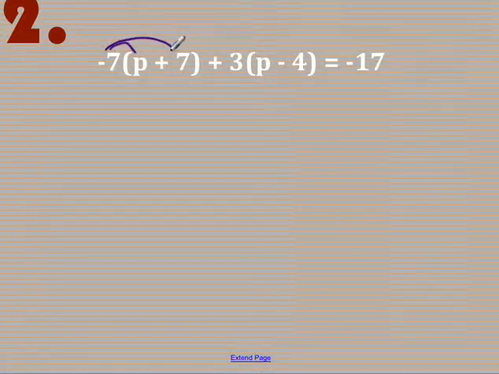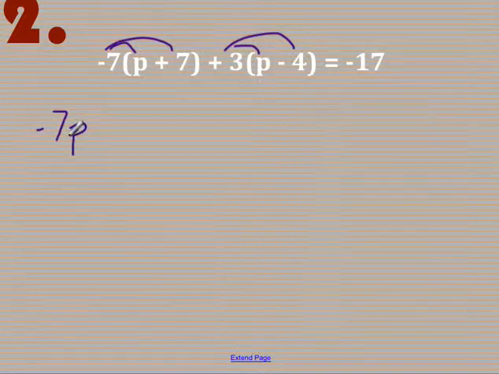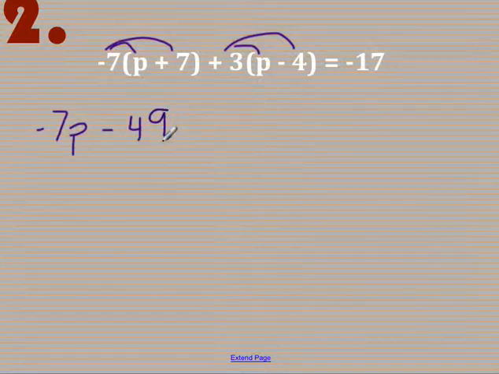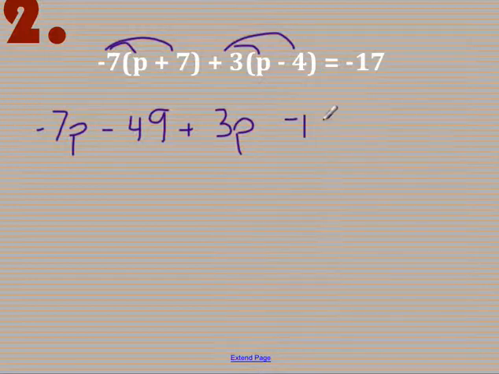For number 2, we need to distribute the negative 7 into the parentheses and distribute the 3 into the parentheses. Negative 7 times p is negative 7p. Negative 7 times 7 is negative 49. Looking at the second one, 3 times p is 3p, and 3 times negative 4 is negative 12.